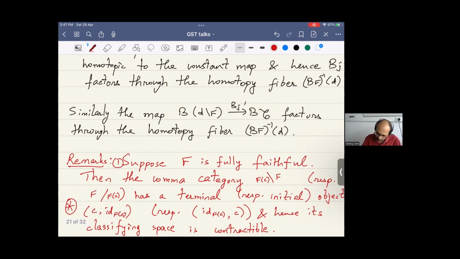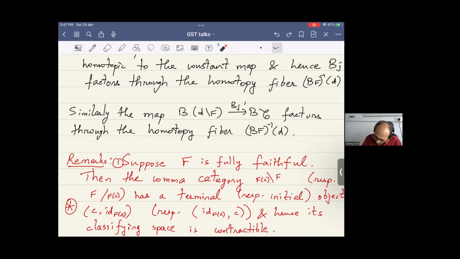So if it's a fully faithful functor, and you allow your little d, that object, to be in the image of this functor, so you have f of c in place of little d, then if you look at f of c comma f, or f comma f of c, this has either a terminal or an initial object.